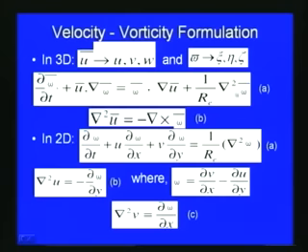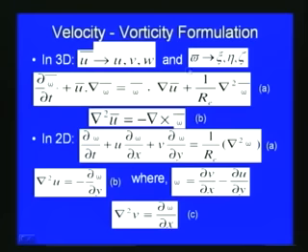So, this is one equation used in the velocity vorticity formulation, and the second equation used is del square u bar is equal to minus del cross omega bar, as given in equation B. So, there are two equations in vectorial form, as given in equations A and B.